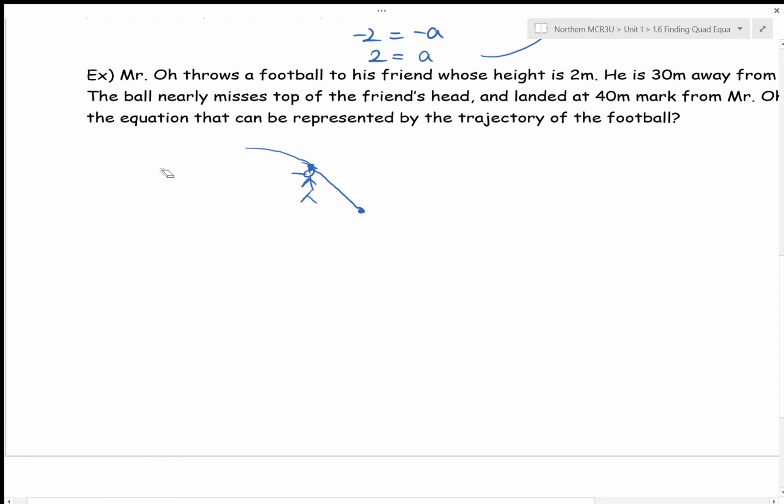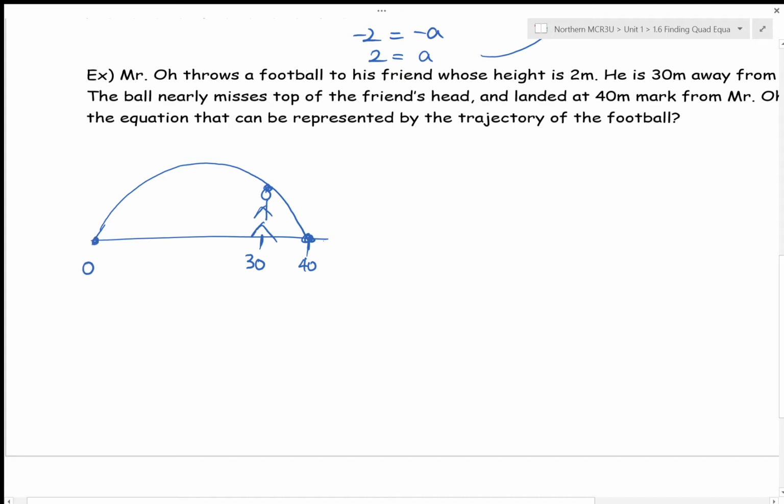Now, in this case, to make it simpler, I will assume that I am a midget. I literally have almost no height whatsoever, so the drawing actually becomes this way, where his head is right there on the ground. Okay, so this is the 30-meter mark, and this is the 40-meter mark where it landed, and this is the 0 meter where the ball is thrown.